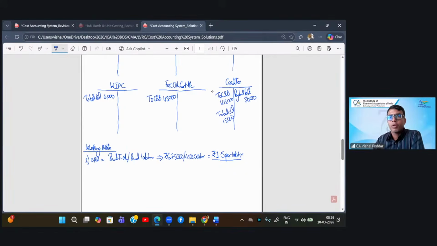Now see students, recall your single entry system of accounts. You are given the opening balance, you are given the closing balance, and you are given the payment. So the balancing figure that I will get is the balancing figure of purchases.